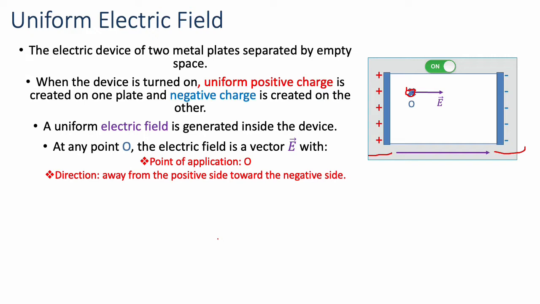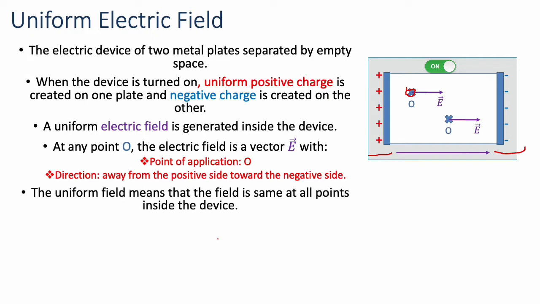And it's uniform, which means that if I take any other point, O prime or P or any other point inside the field, again there is going to be also a field line or a vector E applied at this new point, with the same magnitude as the other one and pointing from the positive to the negative. So it means that I have a uniform electric field inside this device.